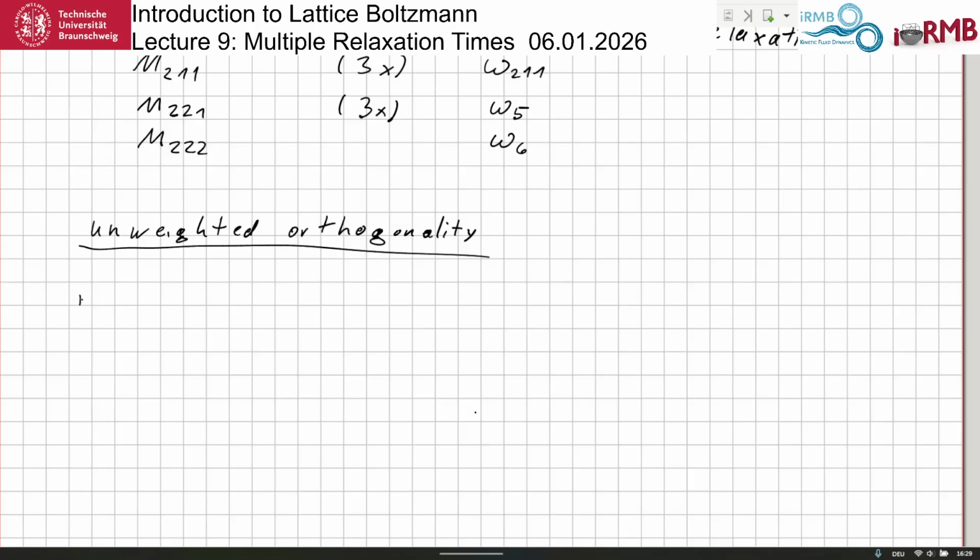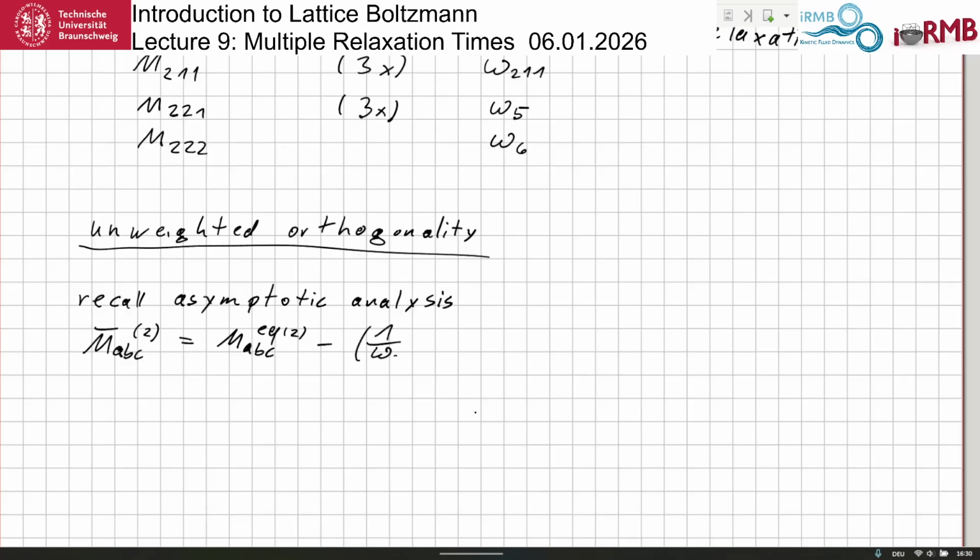Okay, we have to recall the asymptotic analysis. So we have MABC to second order is equal to MABC equilibrium to second order minus 1. Okay, so I'm lazy here because I know that's not necessarily directly MABC, but to that particular moment, we'll assume that there is a relaxation rate omega ABC.